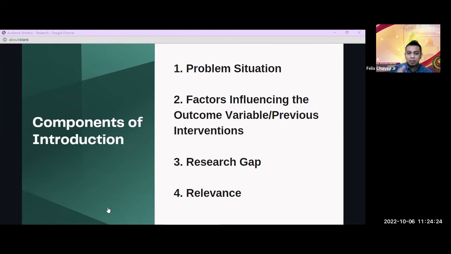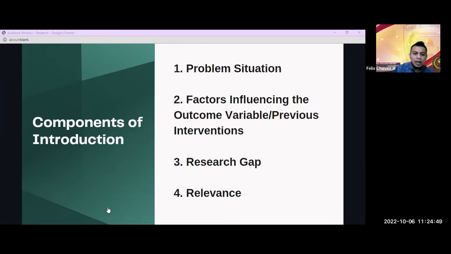So that's relevance, meaning not only for the body of knowledge, but also to help solve the problem, to form a solution, to minimize the problem, and to improve the quality of life. That's the purpose of conducting a research.